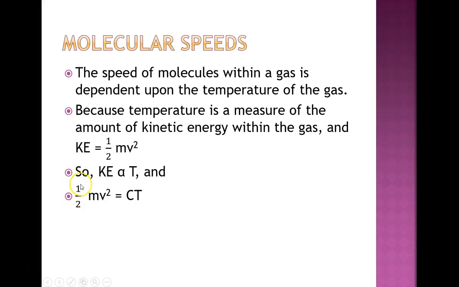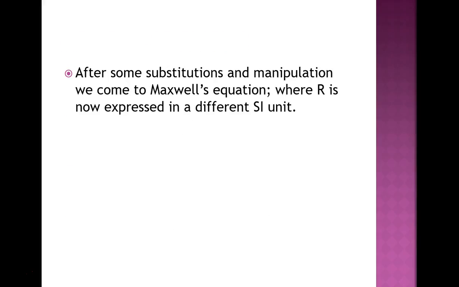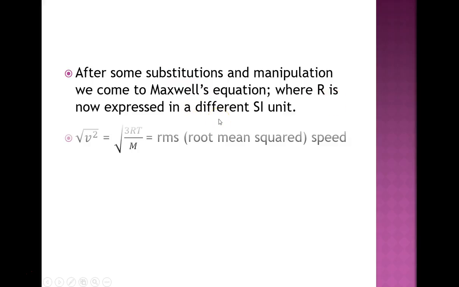then we can say that 1/2 mv squared is equal to c times t, where c is a proportionality constant. Now after we do some substitutions and manipulation, we come to Maxwell's equation, where R is now expressed in different SI units or metric units.